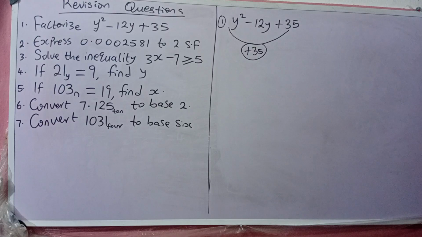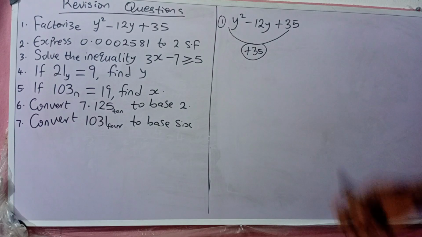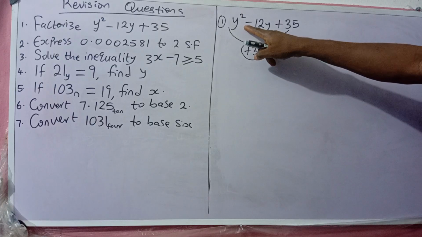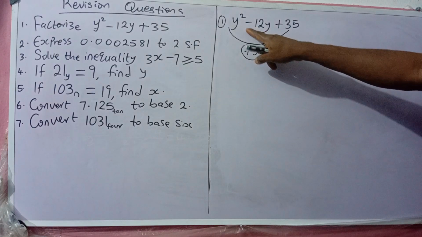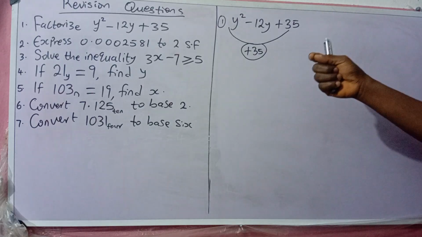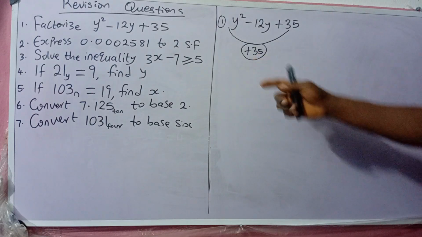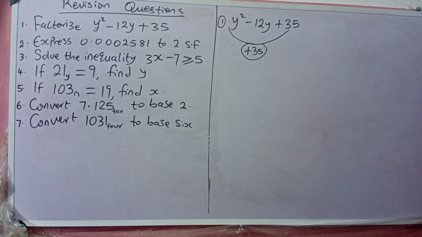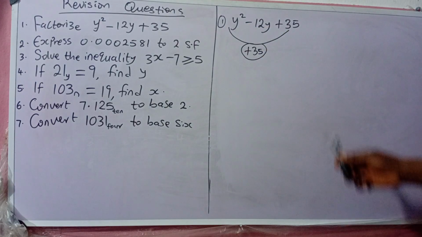Now, there are some certain things we need to do in order to know the factors of 35 that we can use to replace the middle one here, whereby the two factors, when multiplied together, will give us plus 35, but when added together, will give us minus 12. What are those factors of 35?